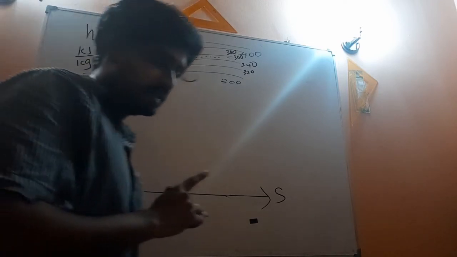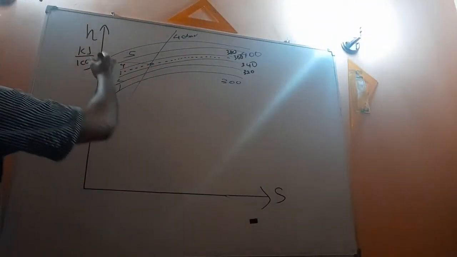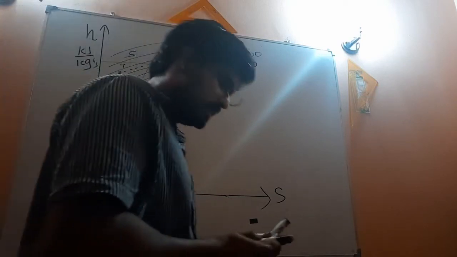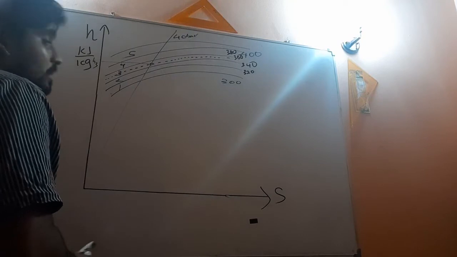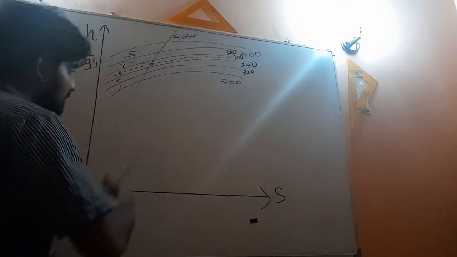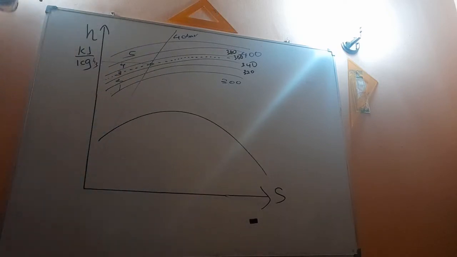Actually, what is that enthalpy? That enthalpy must be H3. Okay, right. So now you know in the HS chart, if you go a little bit below, you have the saturated steam line or saturated steam curve, the saturated region.